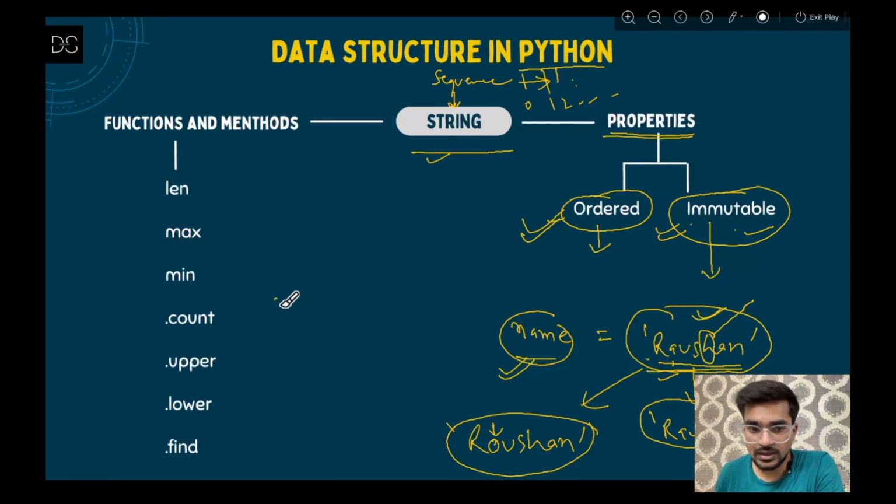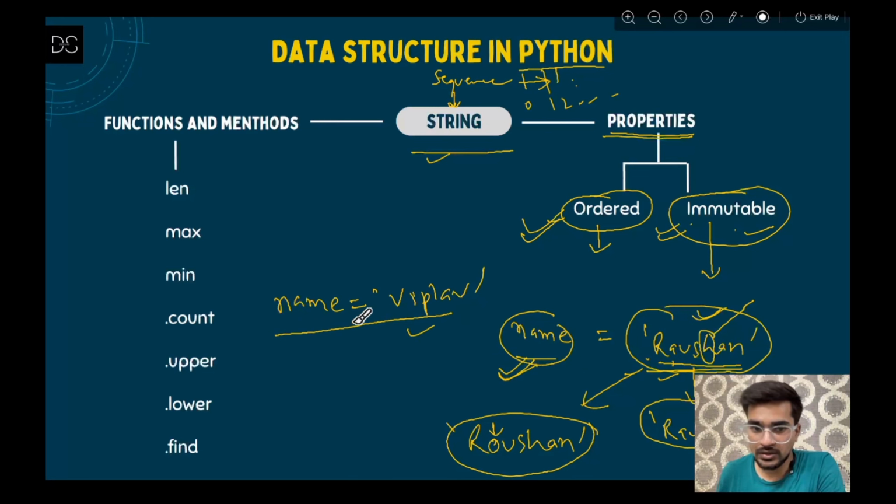Yes, you can definitely do that. You are defining another variable name equals to, let's say, Viplav. Now here what is happening, initially आपने क्या define किया था, name equals to Roshan. Now you have defined name equals to Viplav.